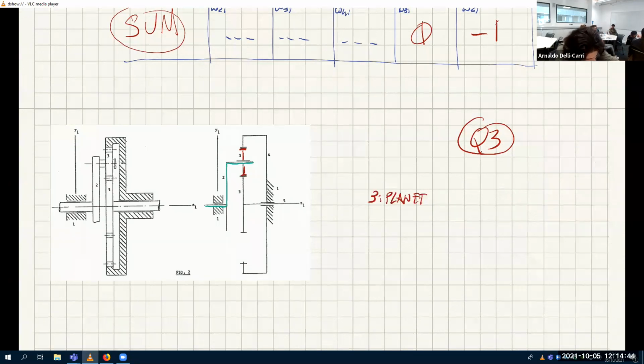How many gears do we have on the planet? Correct. What is 4? Correct. What is 5? Correct. All right, very good.